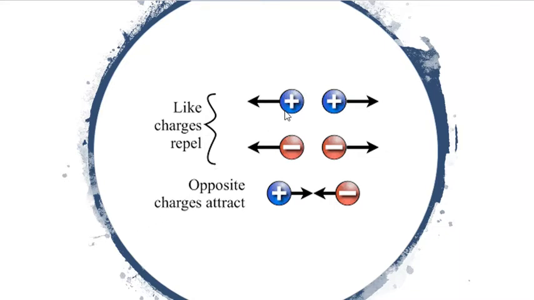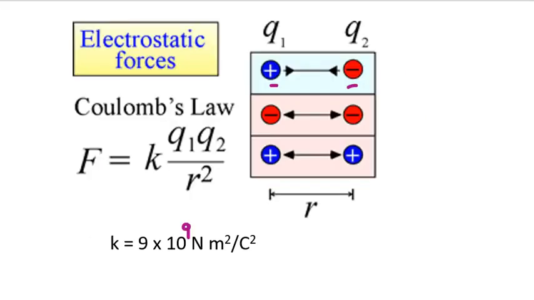And that's what we're talking about. We're talking about forces. If these two charges are repelling each other, that means they're pushing away from each other, right? If these two are pulling each other, same type of thing. That's a force. Forces are any push or pull. So when we talk about what electricity does, we're talking about forces. Electrostatic forces, if we want to calculate how much of a push or pull there is, this is what we're talking about.